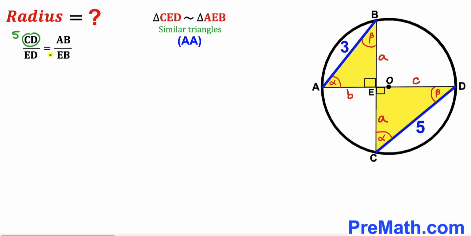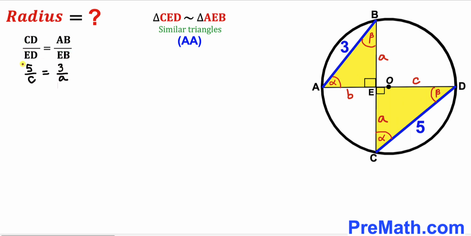Likewise, this segment ED is lowercase c, so I'm going to replace that with c. On the right-hand side, this AB length is 3 units, and finally this EB segment length is lowercase a.